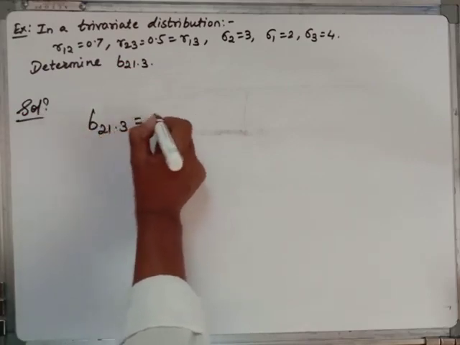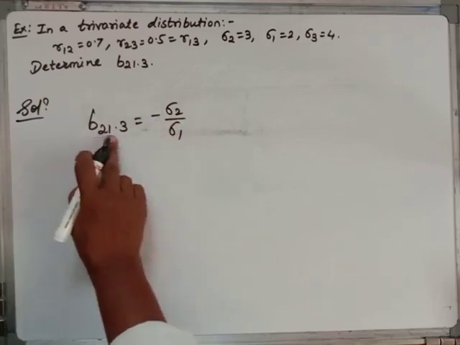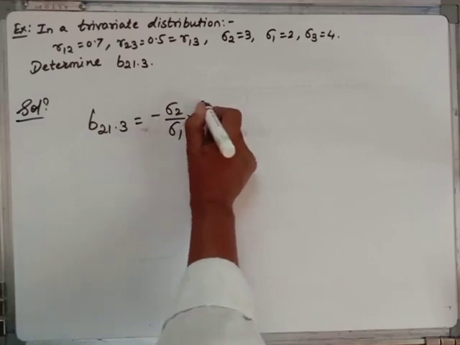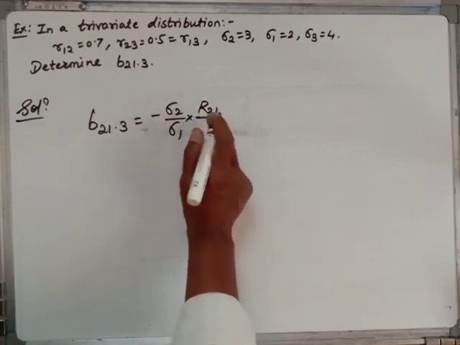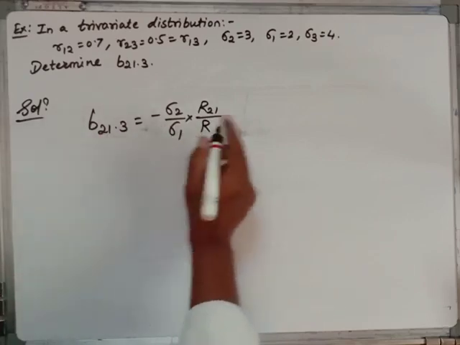What is B21.3? Regression coefficient minus sigma 2 upon sigma 1, 2 1. Remember it, this 2 1, so cofactor of 2 1 entry upon R22.